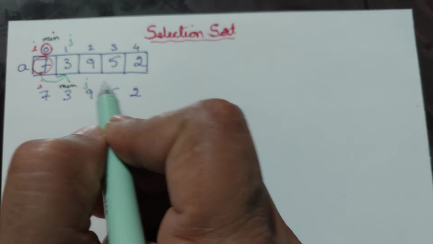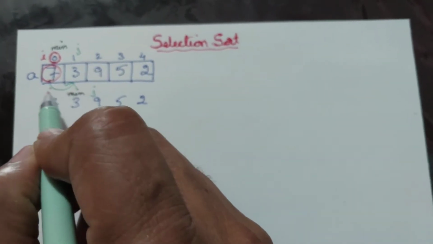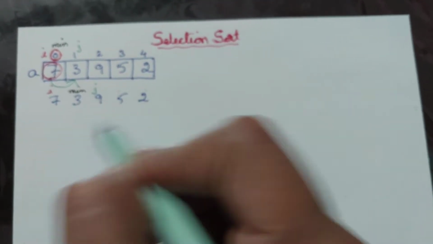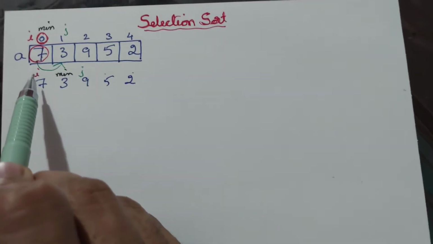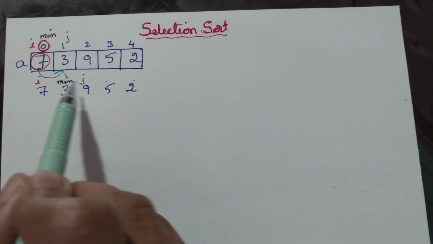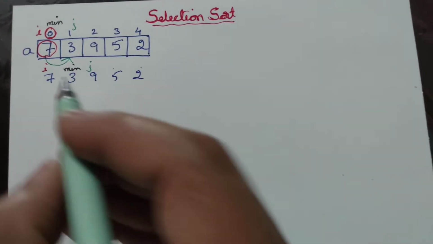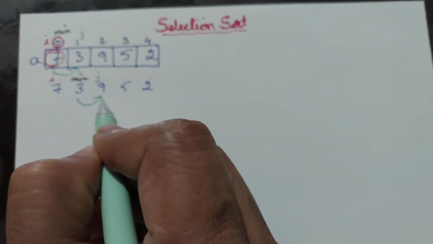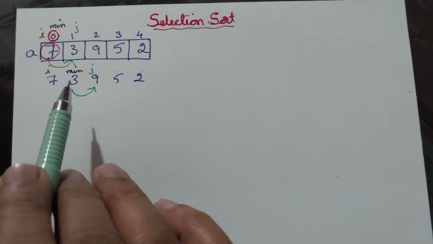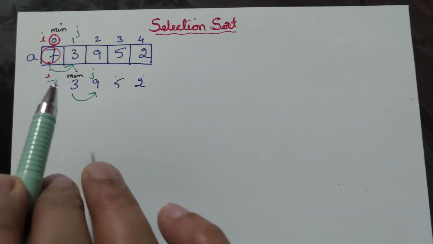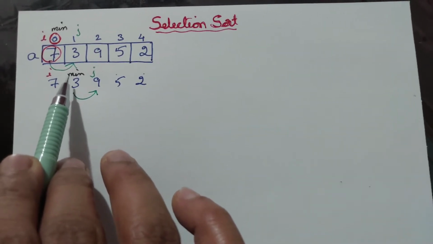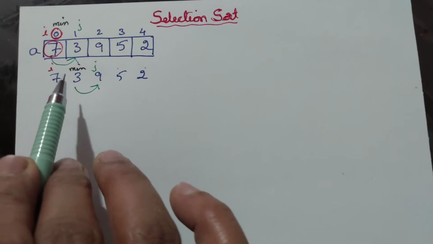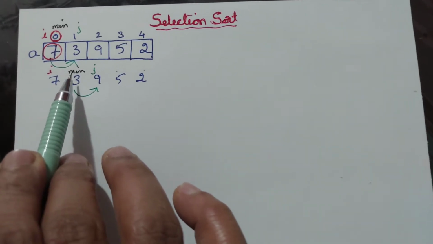I'm not writing the index every time; assume the indexes are 0, 1, 2, 3, 4. So here I, min and j all indicate indexes. Now I compare A of min with A of j. After comparing these two, it's confirmed that the minimum among these is 3 only, and its position is min.